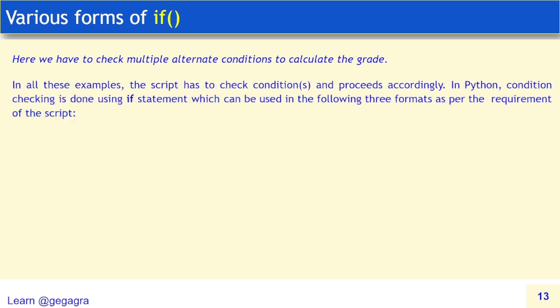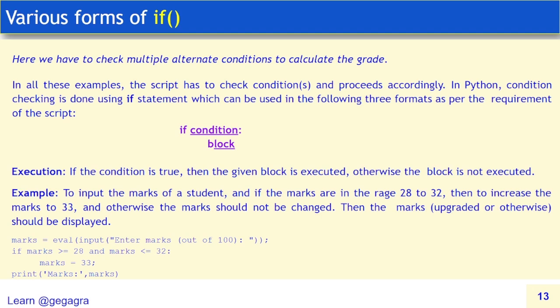In all these examples, the script has to check a condition or conditions and proceed accordingly. In Python, condition checking is done using the if statement, which can be used in the following three formats. Number one, if condition and block.